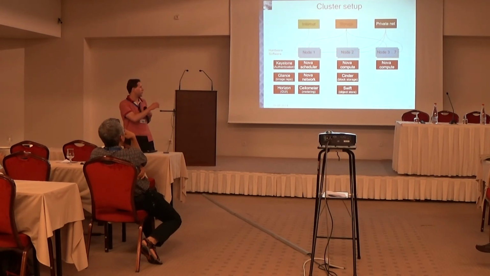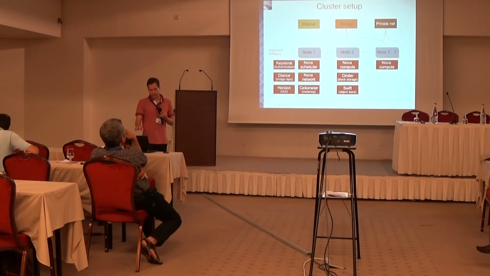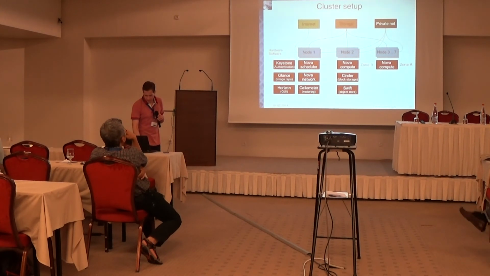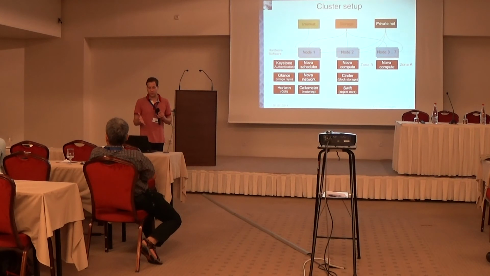All the other components are in an internal network, communicate with each other, and all the requests that go to the outside go through the controller node. So this is the setup we have, and you can see that Node 2 is a little bit different than the others that run hypervisor hosts. So this means you can separate them into availability zones. This is probably the last feature which I'm going to be able to mention today.